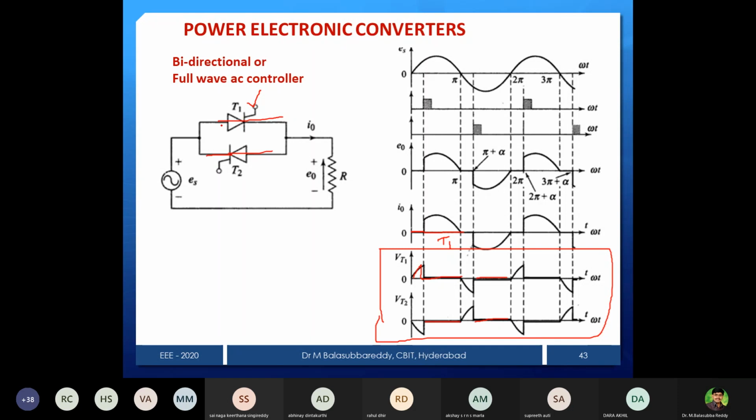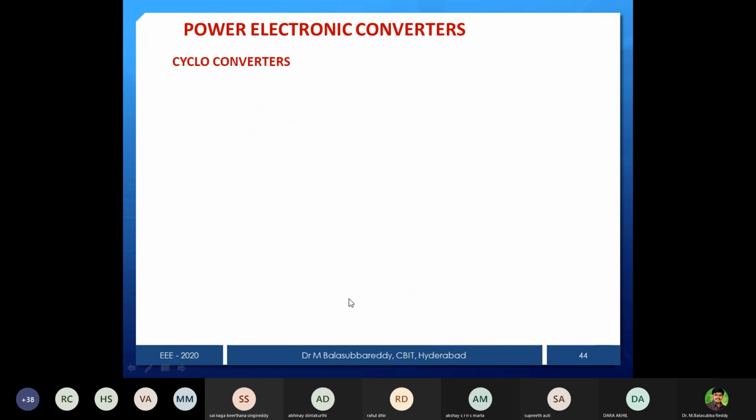Only one will conduct. If this is conducting, 0, or if this is conducting, also 0, since they are in parallel. And if both are open, then only you will get the source voltage. And this with respect to anode, this magnitude, and this with respect to anode is opposite, no? So, anti-parallel, that's why same magnitude, negative, like that. So this is the brief introduction about the AC voltage controller.